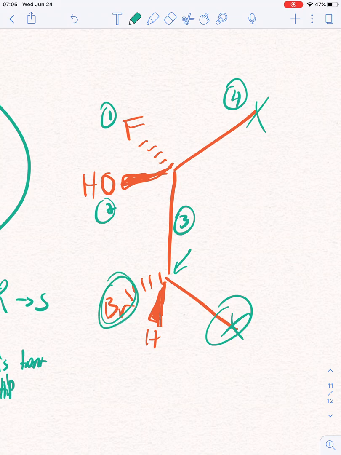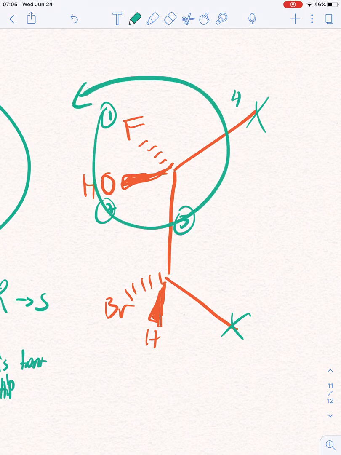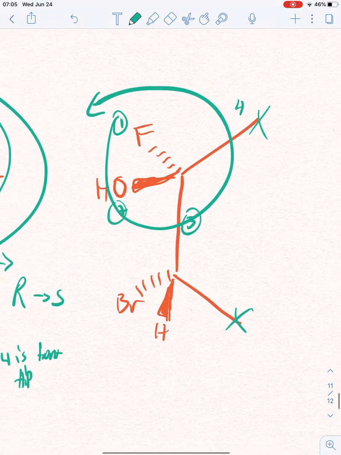Well, just the bromine alone weighs more than all 3 hydrogens, so that's going to be our priority. Okay, so 1 to 2 to 3, because we are ignoring 4. That's just our normal rule when we're trying to do R and S. So that's going to be S.